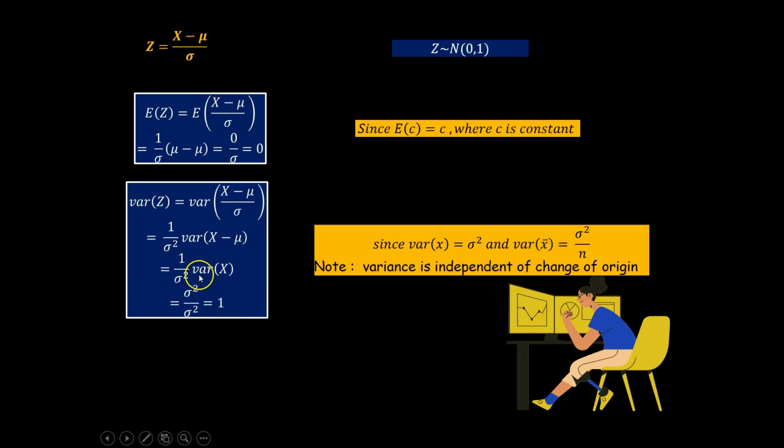Then it becomes 1 by sigma square into variance of x, and variance of x is equal to sigma square, so sigma square divided by sigma square is equal to 1. So mathematically this is how we can prove that the standard normal variate follows a normal distribution with 0 mean and constant variance or standard deviation.